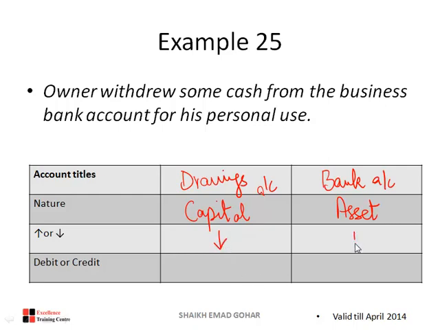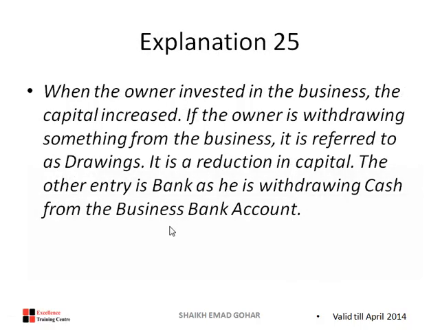Asset is, both are decreasing. So asset decrease is credit and capital decrease is debit. Now see, the other entry is bank. Why? As he is withdrawing cash from the business bank account. Okay, from the bank.